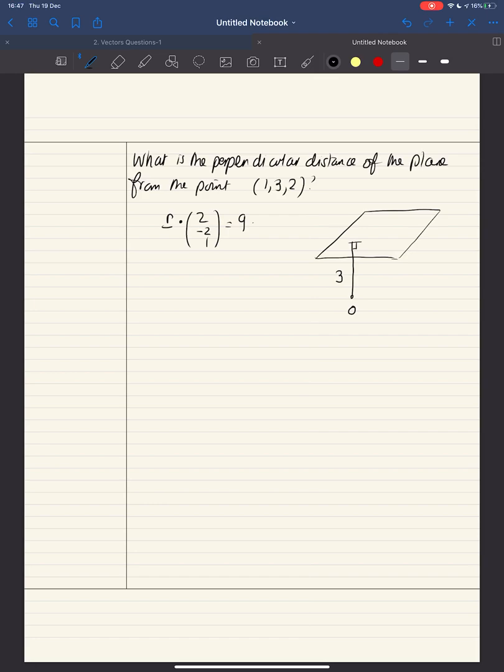So we need the perpendicular distance of the plane from another point, a new point (1, 3, 2). So we need to know this second thing here.